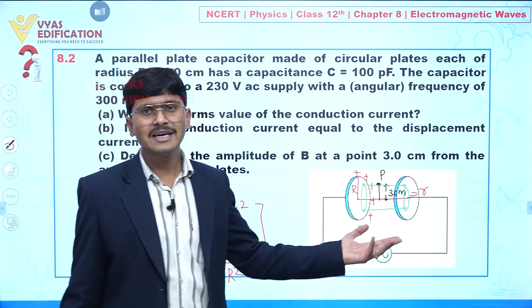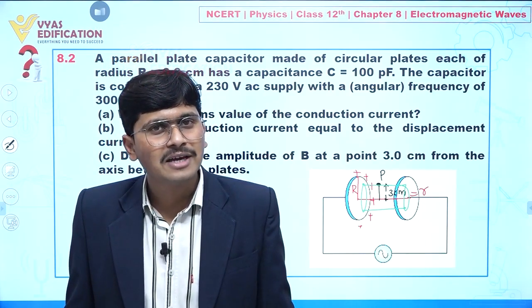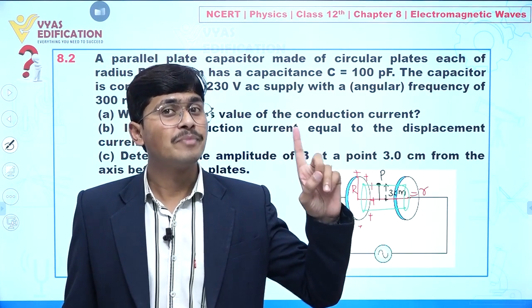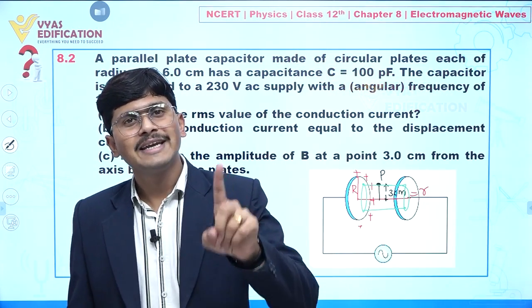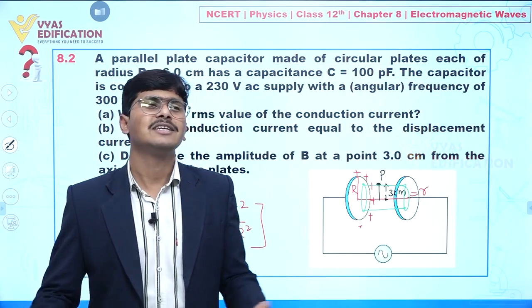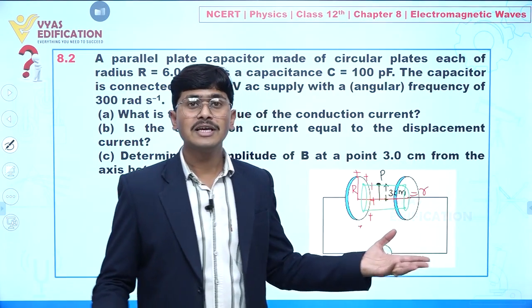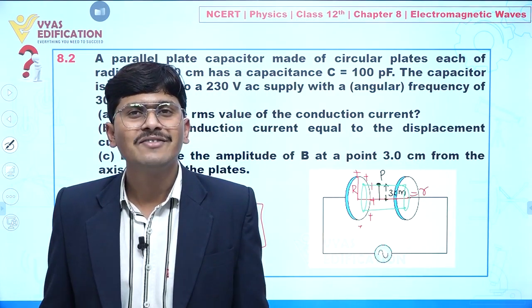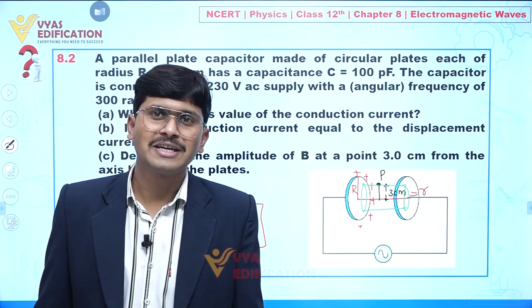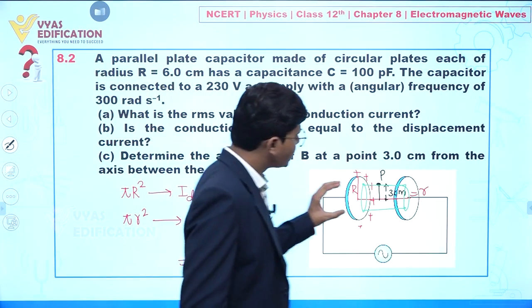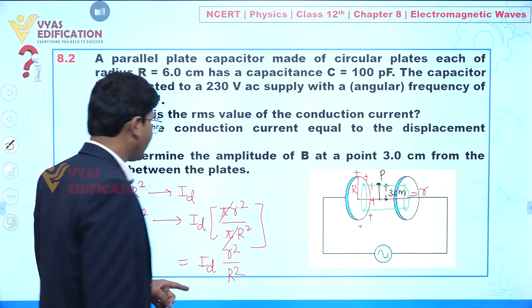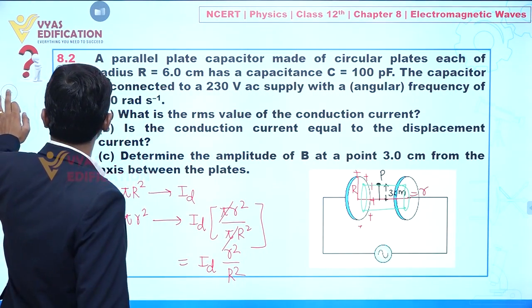So if there is a magnetic field between the parallel plate capacitor, there should be some current, and since it is not visible and there is no conducting wire, we call it displacement current. So the current flowing through this Amperian loop is id r square divided by capital R square.